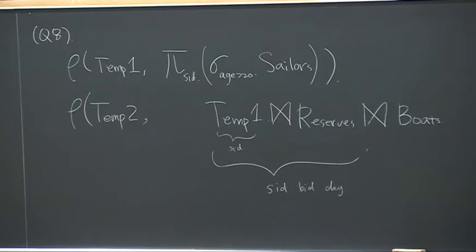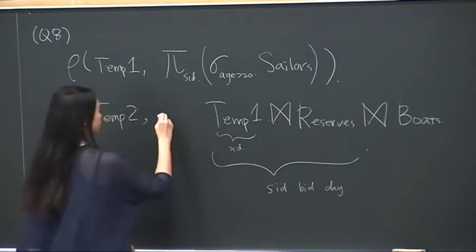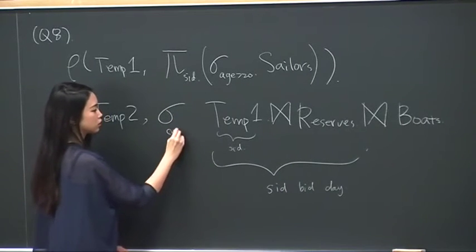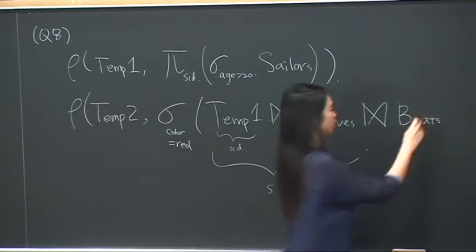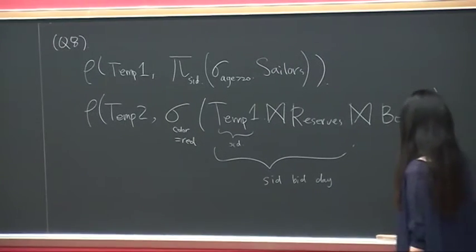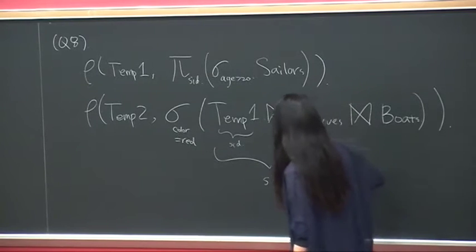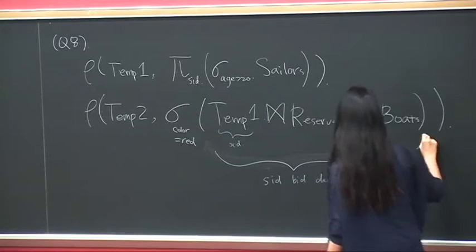Okay, so far so good, but we only want those that reserve the red boats. So we should select on what? Color. Select those whose color is red. So as you can see now, the whole schema is long all the way up to here.